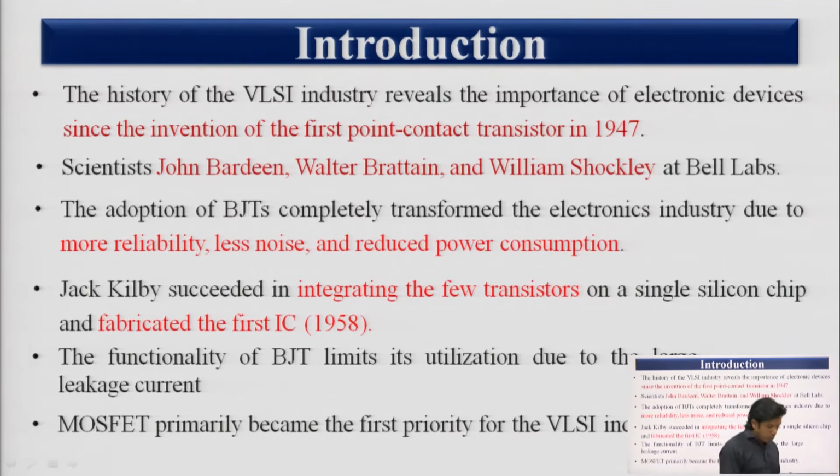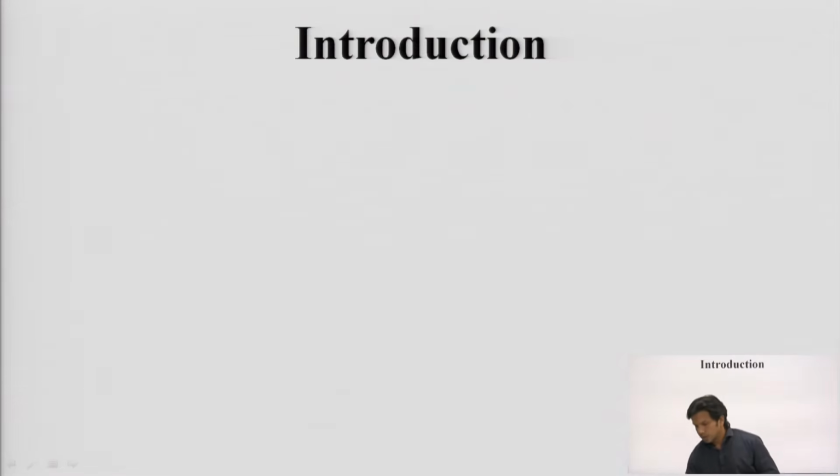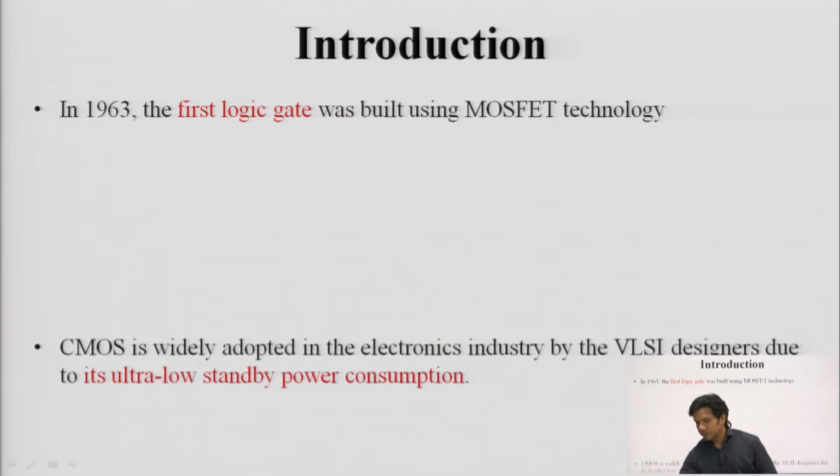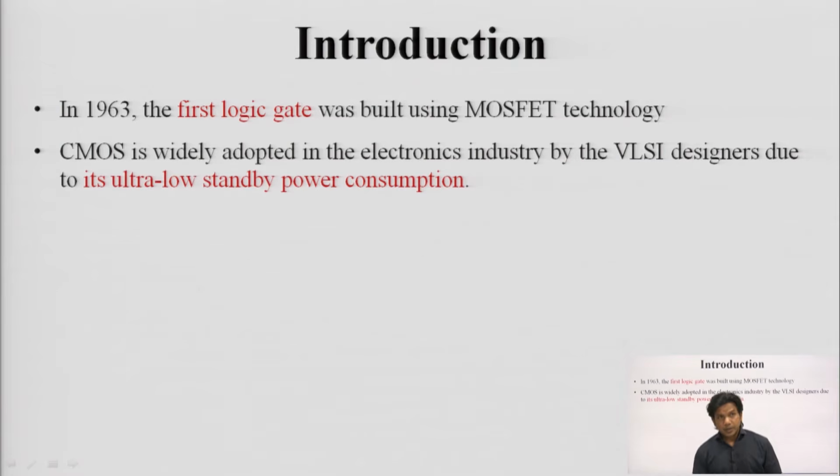So, in most cases, the MOSFET, the metal oxide semiconductor field effect transistor, became the first priority for the VLSI industry. After that, in 1963, the first logic gate was built using MOSFET technology, in which CMOS is widely adopted in the electronic industry by VLSI designers due to its ultra low standby power consumption.